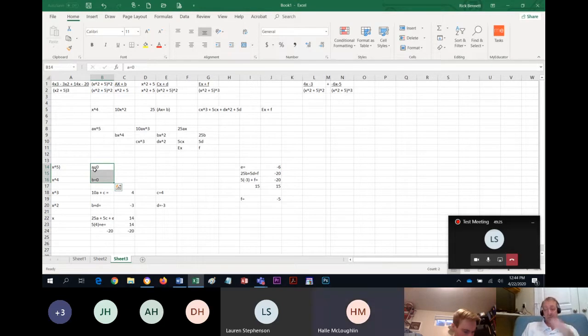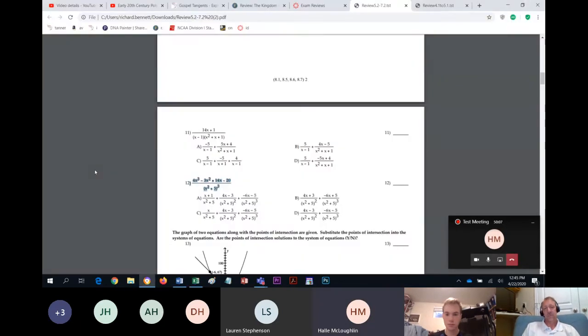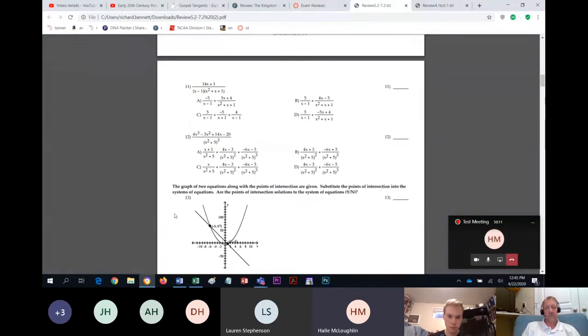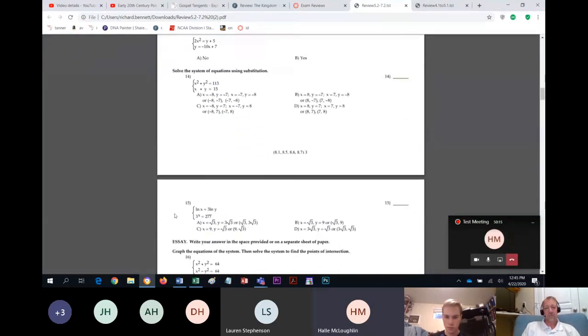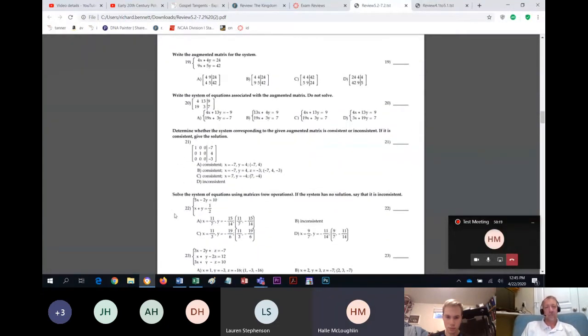Okay, what else do you guys have? Could we work on problems either that involve Cramer's rule or, I guess, solving for the value of the determinant?